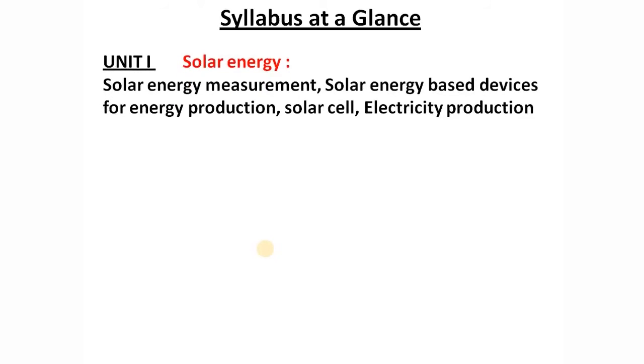And here is the syllabus. Let us have a quick go through the entire syllabus. Your first unit is about solar energy, where we will study what solar energy is, its different constituents, how it is measured, and how solar energy can be converted into other forms of energy, heat energy or electricity, for example.